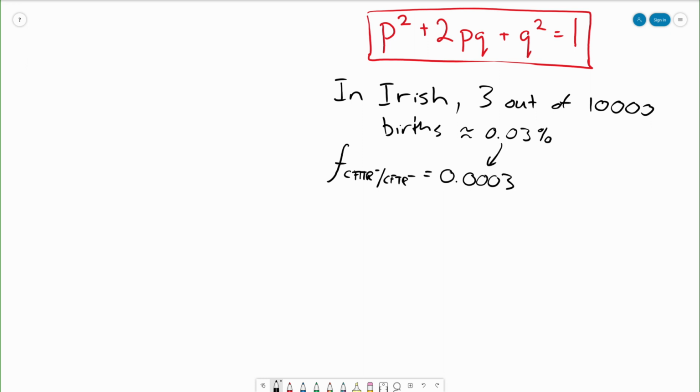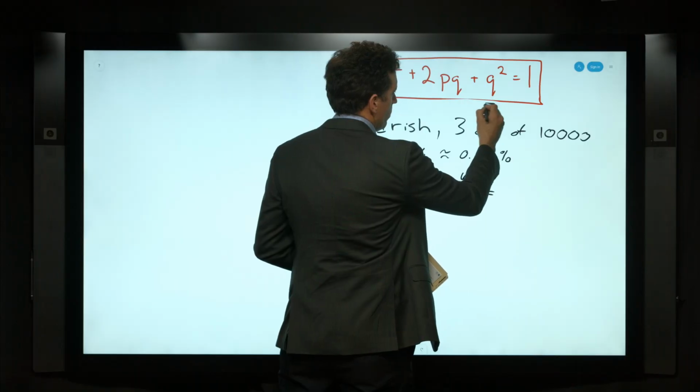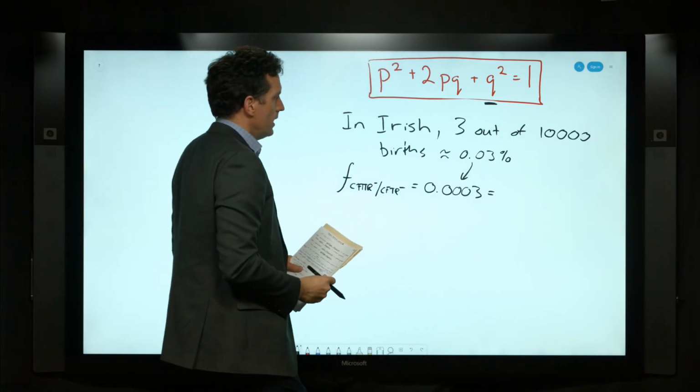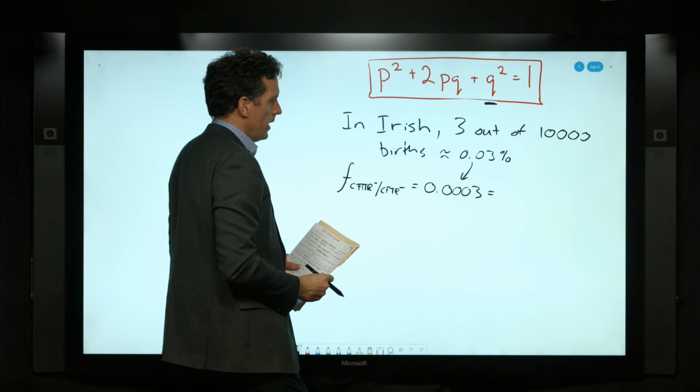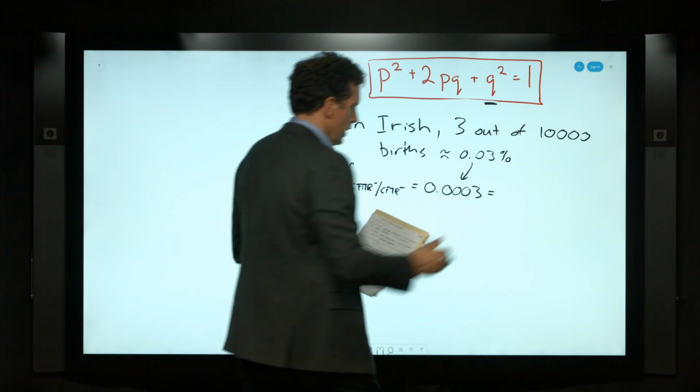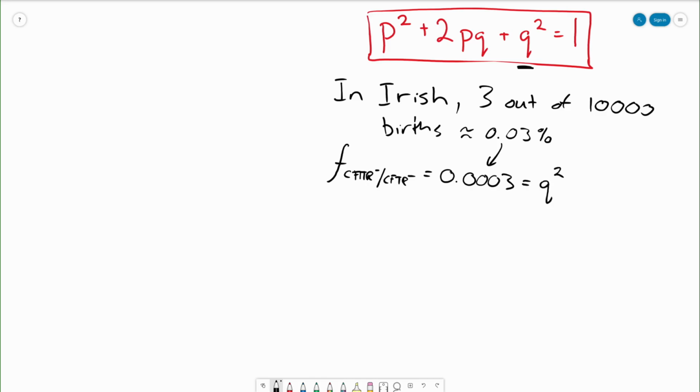Of course, we have to divide by 100 to get here. So we've added 2 zeros, so that's correct. And in fact, now using this relationship up here, we know that this is our q squared genotype frequency, and so let's put that here.